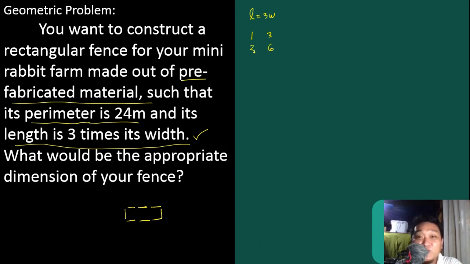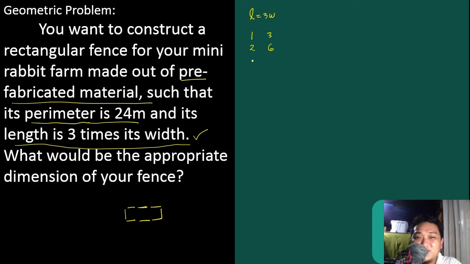Kasi halimbawa, kung 2 meters yung width niya, kailangan yung length niya is 6. Para eksakto talaga siya dun sa length is equivalent to 3 times width. The length is 3 times the width. Ganun po yung ibig sabihin yan.